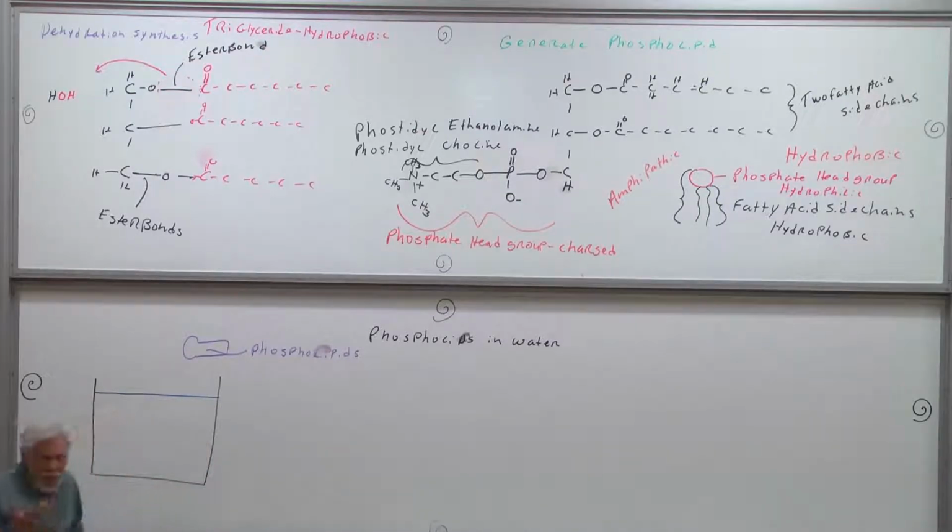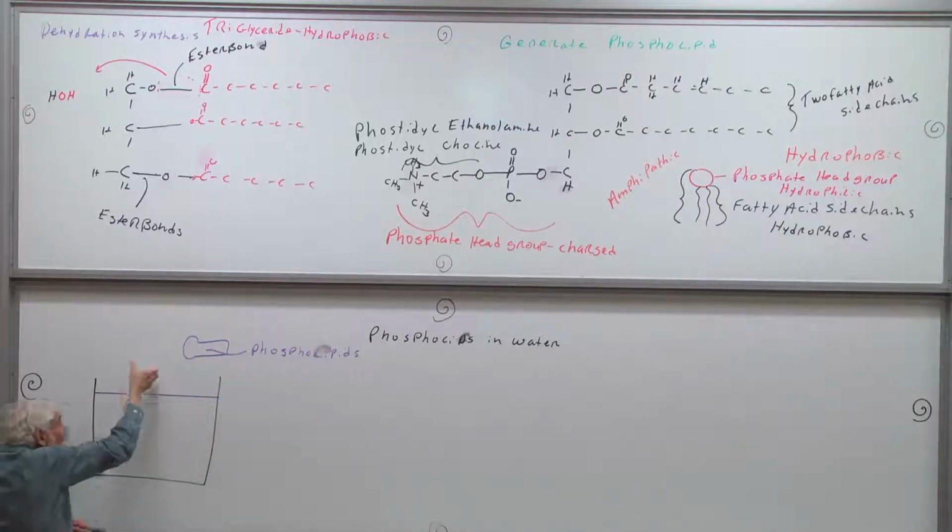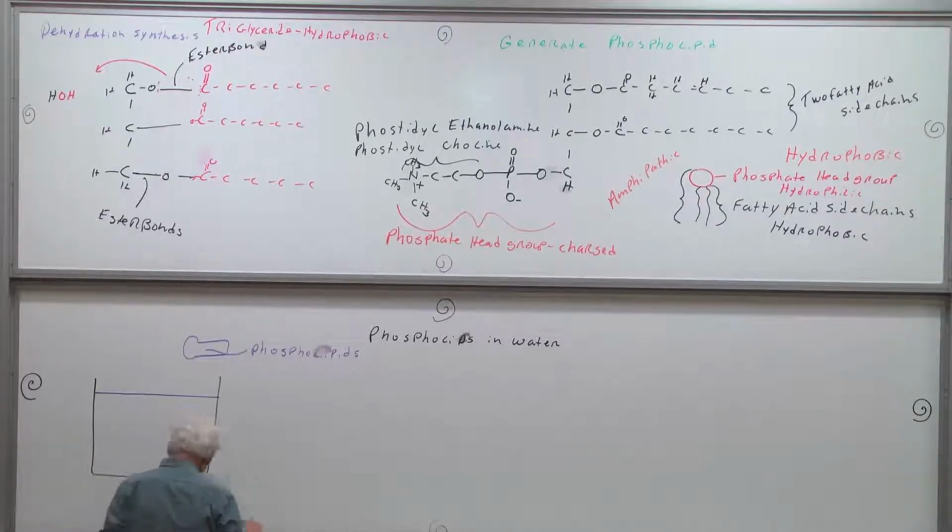Now mechanically you really can't do this, but I think you can imagine if we took this salt shaker full of phospholipids and sprinkled them out on the surface of water, those phospholipids will orient themselves with respect to the water in a particular fashion.